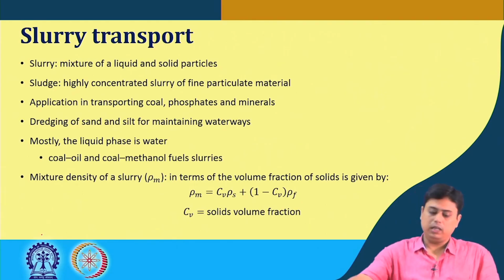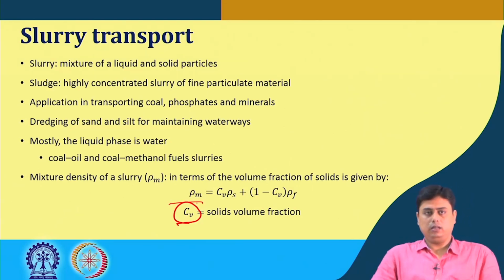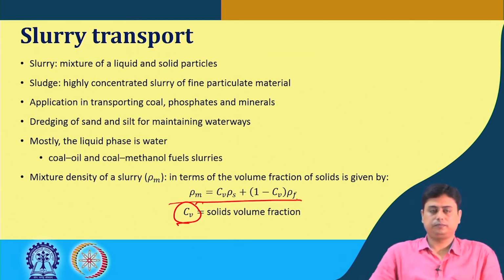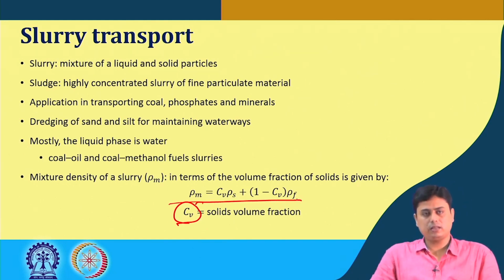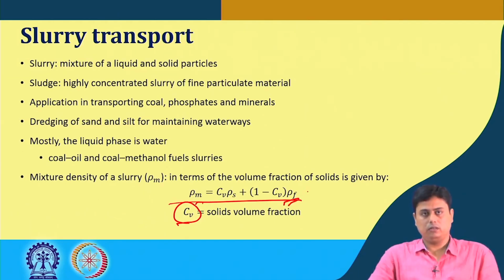So here, if Cv is the volume fraction of the solids, then this slurry density or mixture density is calculated in this form, where rho s is the density of the solid particles or material and rho f is the density of the fluid, and as I said, in this case the liquid phase.